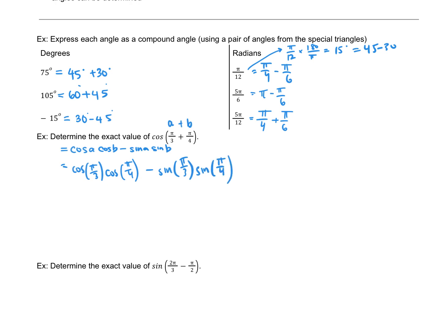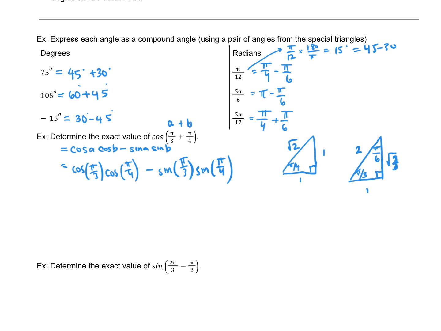And of course, we need to know our special triangles in order to evaluate each of these ratios and then simplify the expression. So I'll draw my isosceles special triangle, and I'll draw the special triangle that was an equilateral and it got cut in half. And now we're ready.